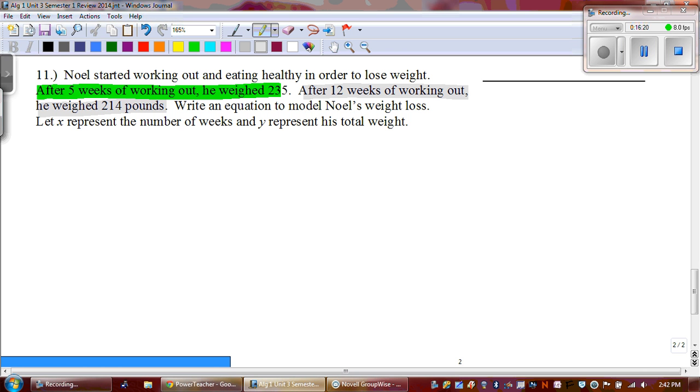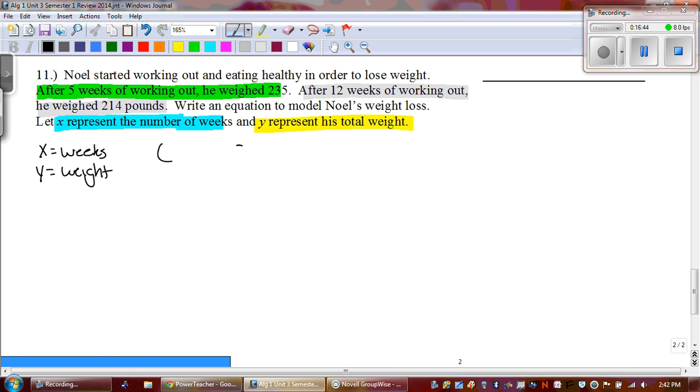Write an equation to model Noel's weight loss. Let X represent the number of weeks. So X is the number of weeks, and Y represents his total weight. Okay. So once again, I'm just going to write down X equals weeks and Y equals weight.